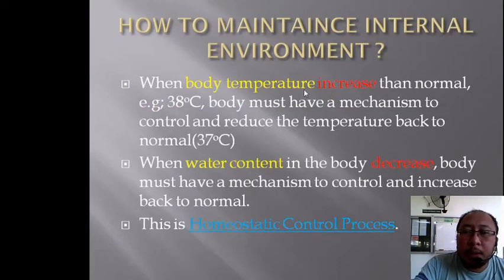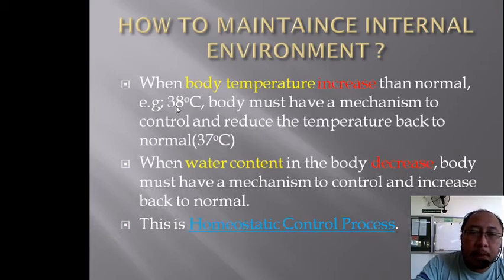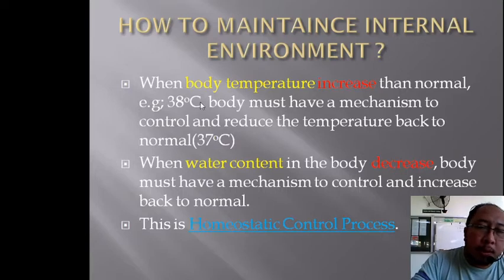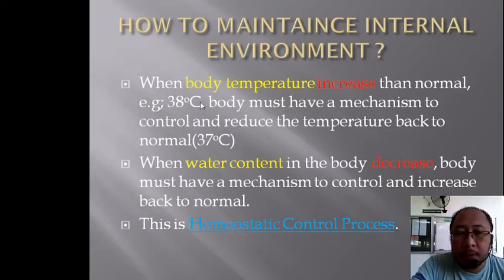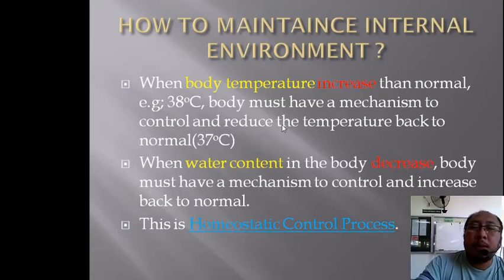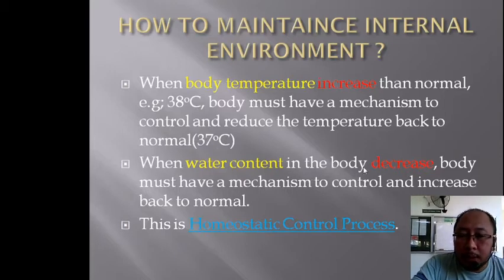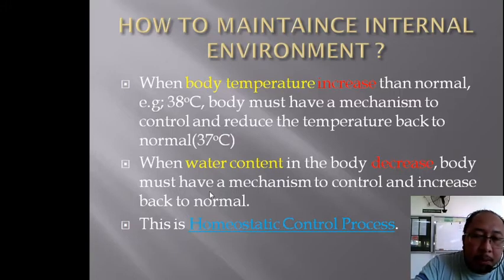So how to maintain internal environment? When body temperature increases above normal, for example 40 degrees Celsius, as we know that the normal temperature is 37 degrees Celsius, the body must have a mechanism to control and reduce the temperature back to normal temperature, that is 37 degrees Celsius. When water content in the body decreases, the body must have a mechanism to control and increase it back to normal.